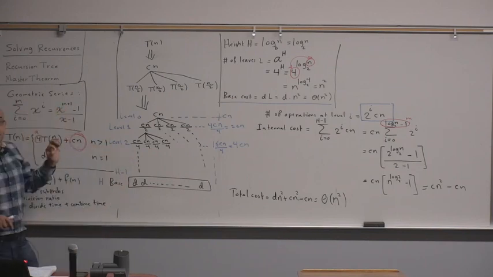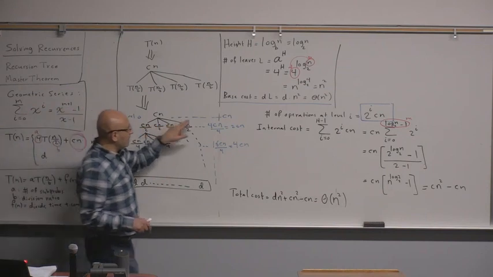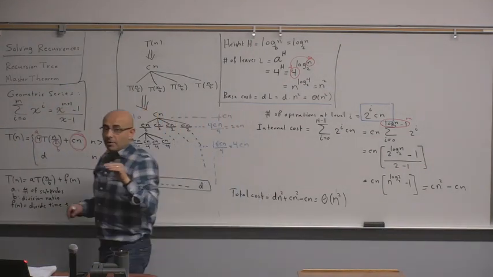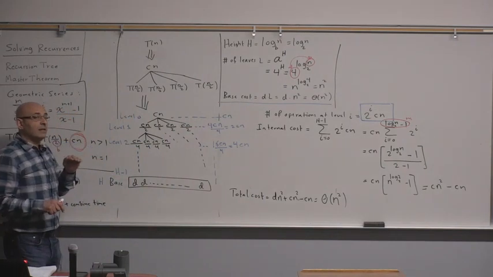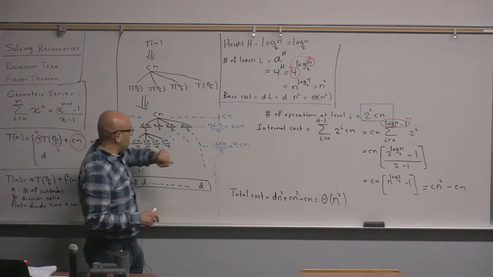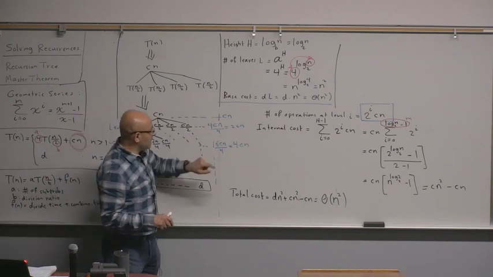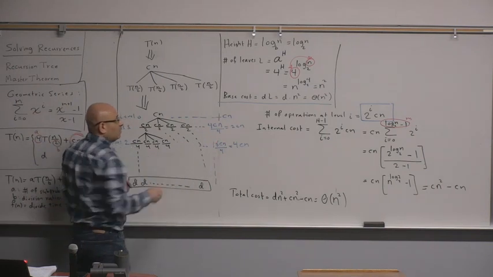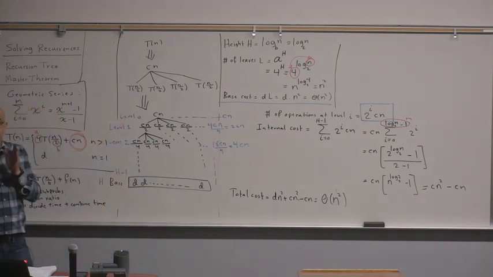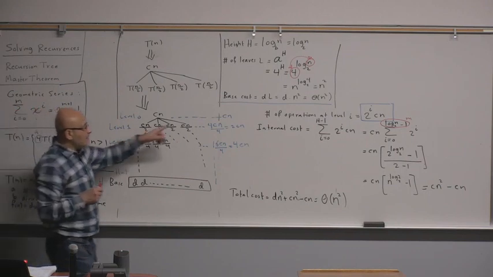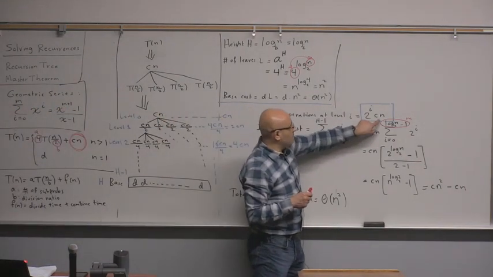And the key step is to find the mathematical relation between the number of operations at each level and the level number. So the number of operations here is Cn, then 2Cn, then 4Cn. So we deduce the relation between the number of operations at level I and I itself, and this is 2 power I Cn.